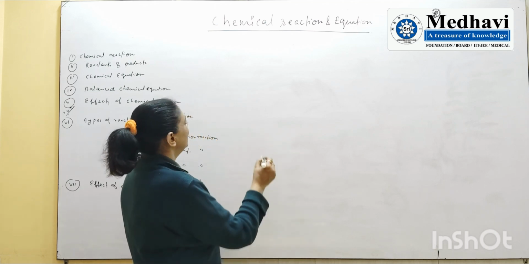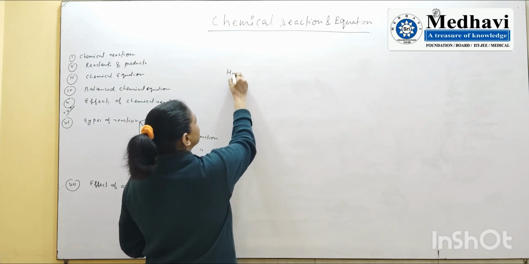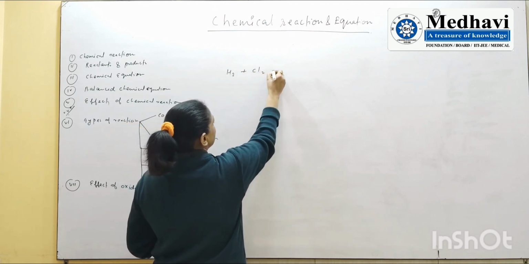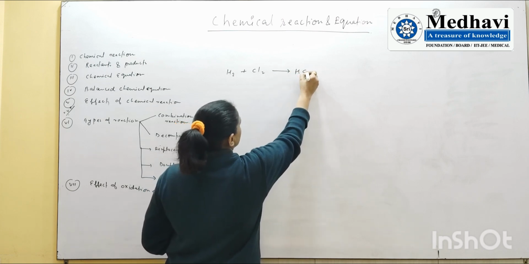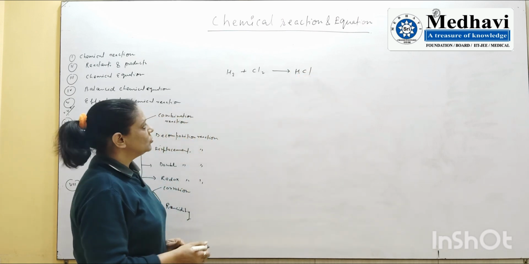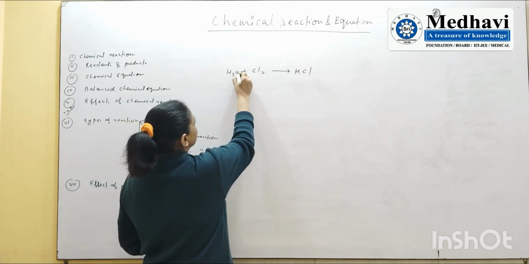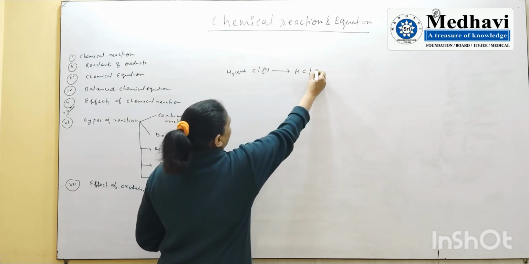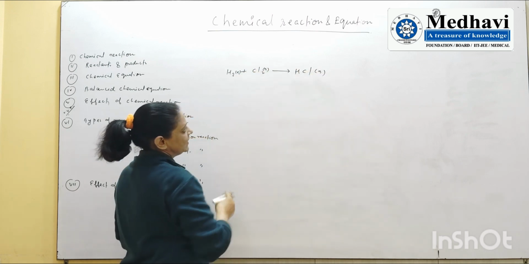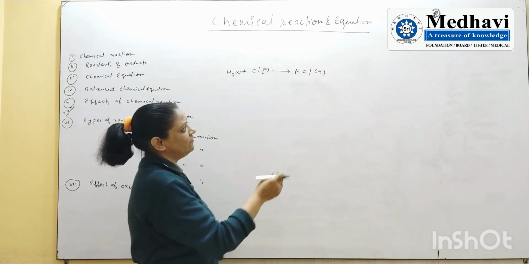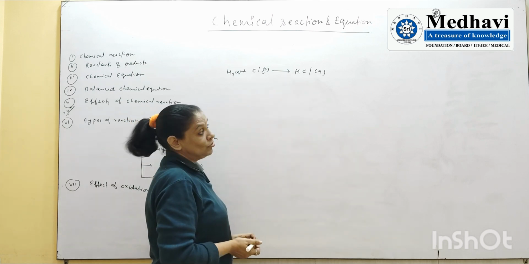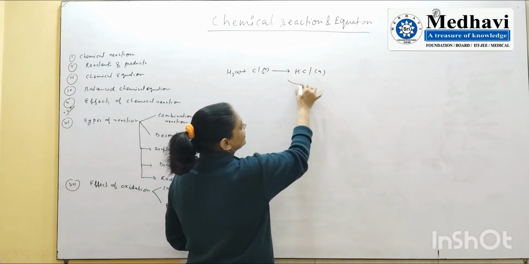For example, hydrogen reacts with chlorine to produce hydrogen chloride. The nature of hydrogen gas and chlorine gas is totally different from the nature of HCl. So you can say that this is a new product.